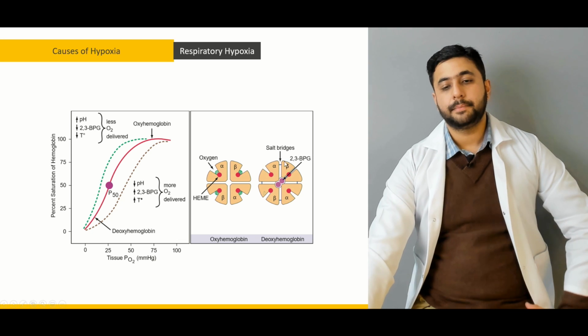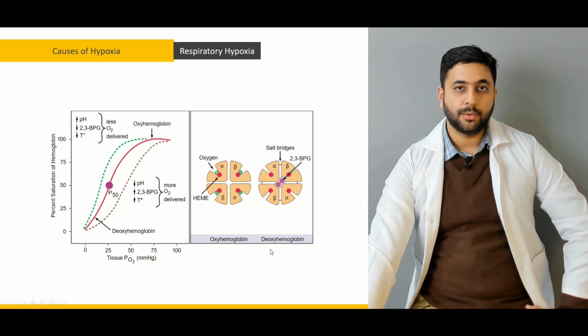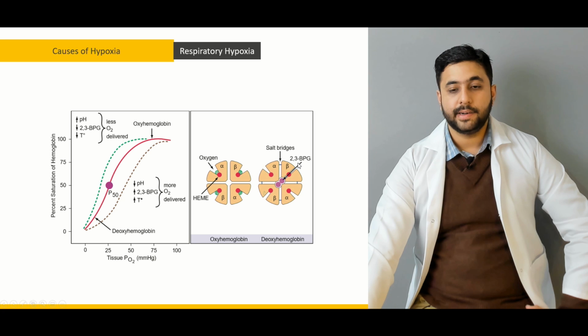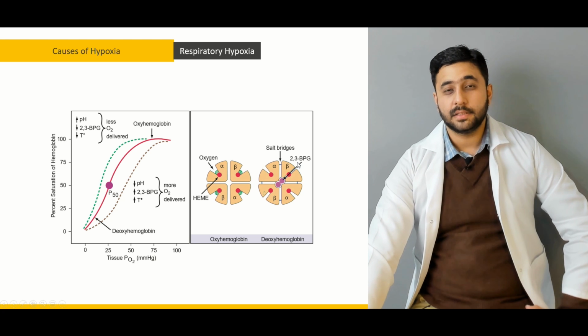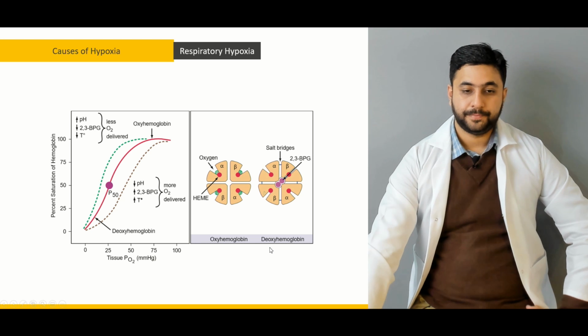So in the presence of increased 2,3 BPG concentration, this ionic bond or bridging between the beta chains leads to the formation of deoxyhemoglobin, or the removal of the oxygen from the hemoglobin. So this is an important clinical pearl to understand the mechanism of 2,3 BPG leading to the formation of deoxyhemoglobin.